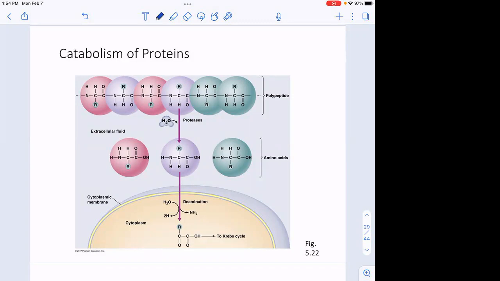Remember that bacteria can't just phagocytize some big nutrient and bring it into their cell because they have that thick cell wall. In this picture, they don't really say that, but remember bacteria have a cell wall. So if there's some nutrient that they need to use, they have to secrete enzymes outside of the cell to break it down.